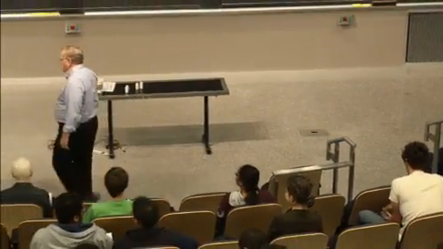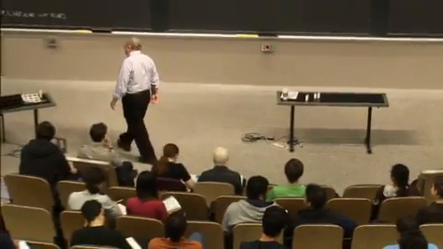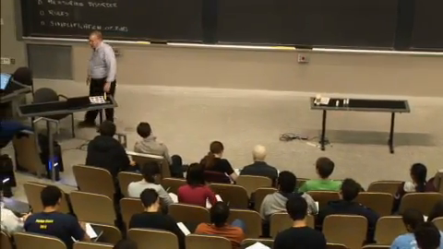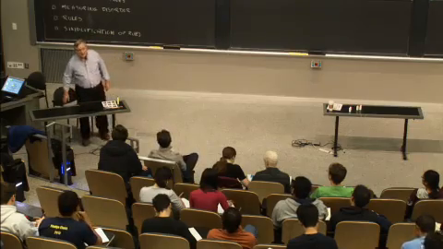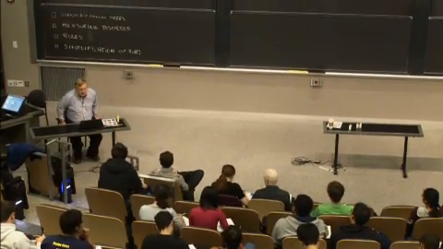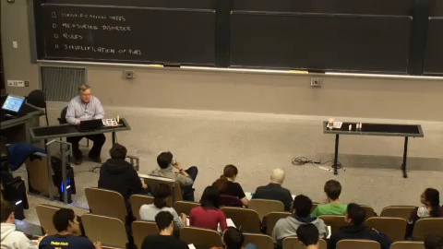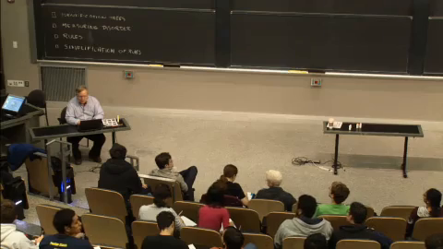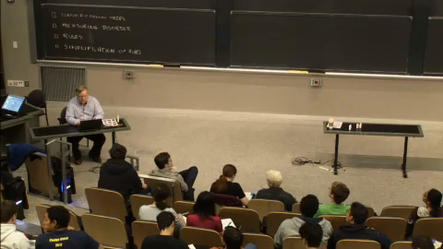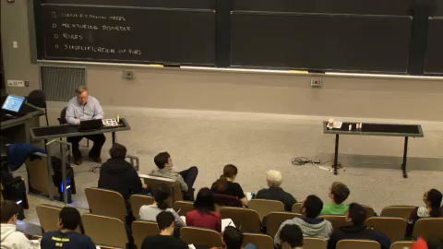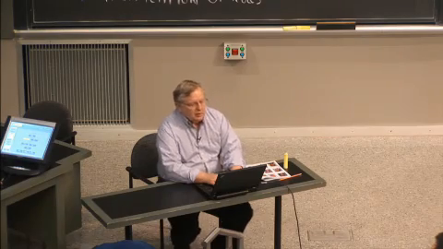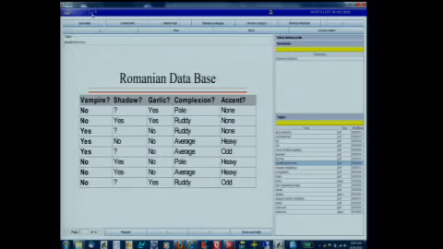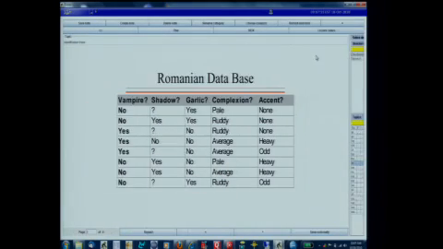So if you have this concern, I would expect that the first thing you would do would be to look at some data concerning the characteristics of vampires. So there's a little database of samples of individuals who have been determined to be vampires and not vampires.